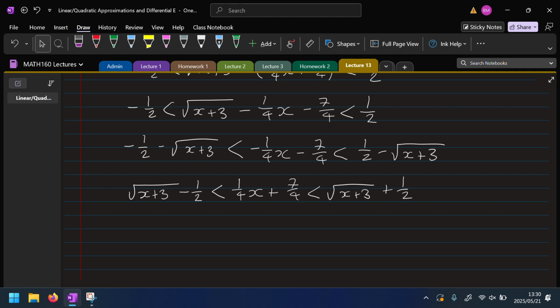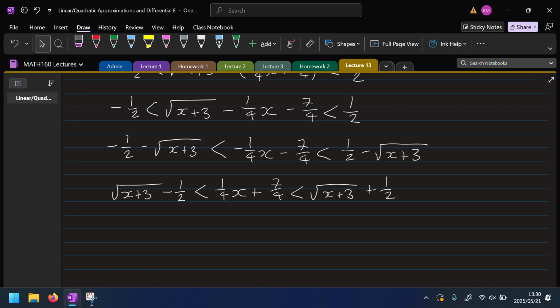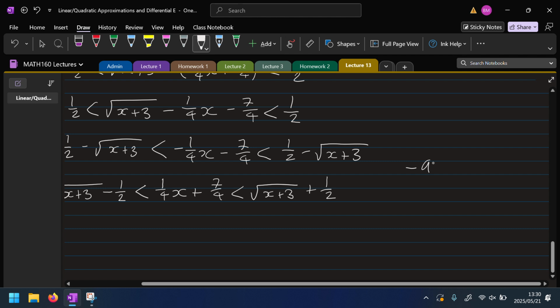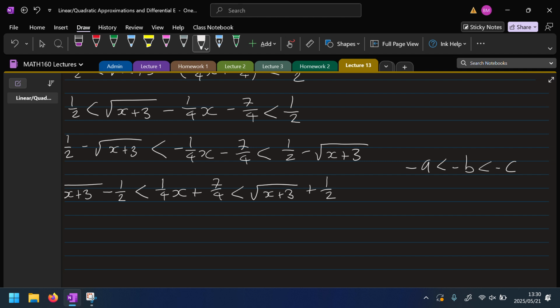Wasn't it also supposed last time? Yes, I also said the inequalities flip. So that first one goes to the second, and then the second one goes to the first. Okay, now we covered this weeks ago now. If you have minus a less than minus b less than minus c, what happens when you multiply through by minus? c goes to the front, then b, then a.